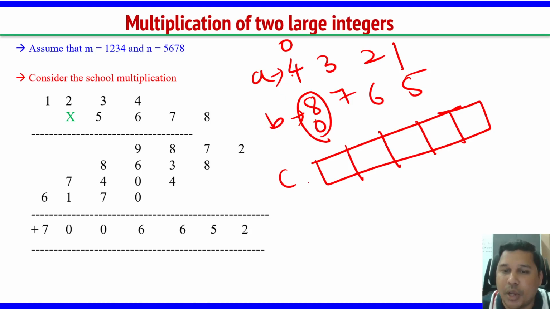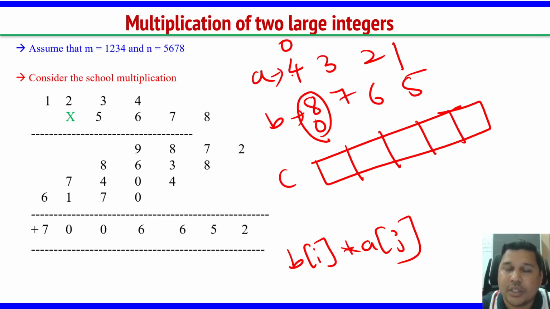So, you will take B of i and multiply it with A of j. Because A is 1, 2, 3, 4, I have to multiply 8 with 4, 8 with 3, 8 with 2 and 8 with 1. So, 8 4s are 32. The remainder I put here, carry will be 3. Then 8 3s are 24 plus carry, it becomes 27.